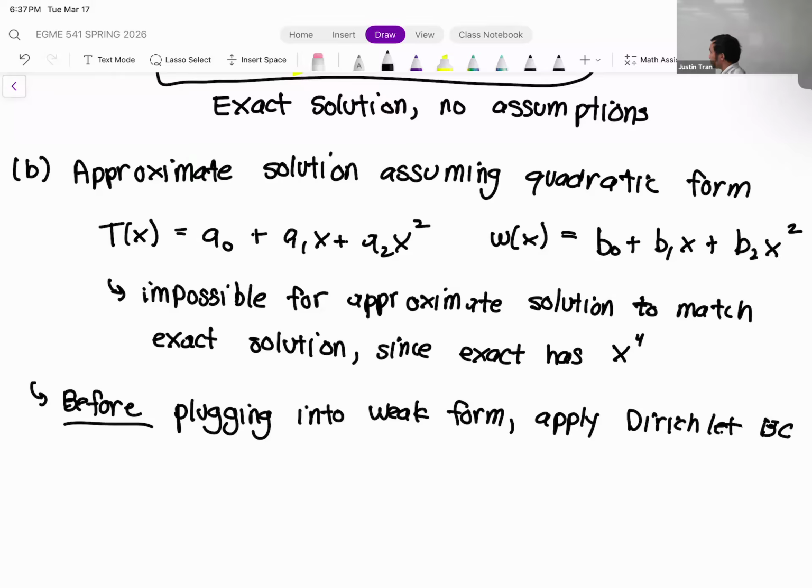So you can see that when we're doing weak form solutions, we're kind of going backwards, in a sense, where we start with an assumption of the solution.